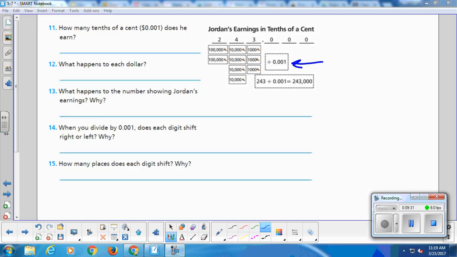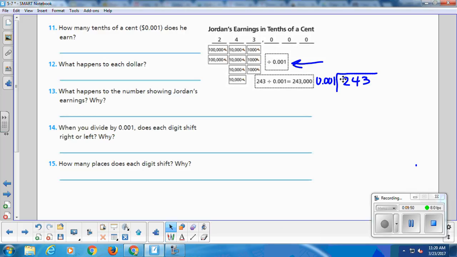Now we're going to divide by 1,000th. I want you to picture, this says 243 divided by 1,000th. What I want you to see here, friends, you see how there's decimals right here?